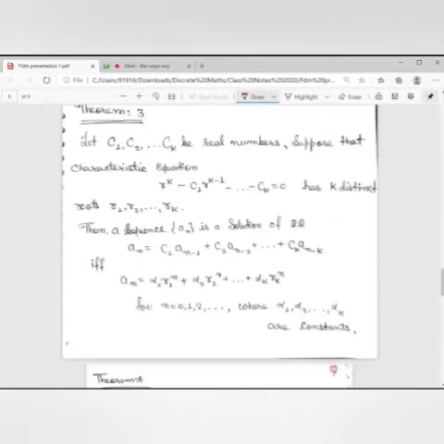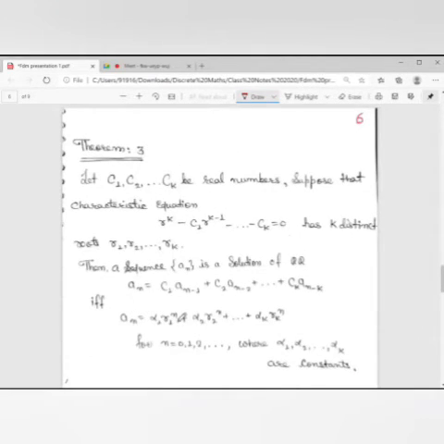I am going to read the statement. Theorem number 3: let C1, C2 up to Ck be real numbers. Suppose that the characteristic equation r^k minus C1 r^(k-1) minus up to minus Ck is equal to 0 has k distinct roots r1, r2 up to rk.